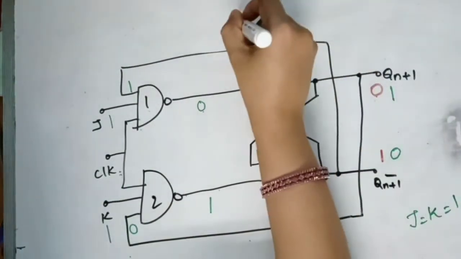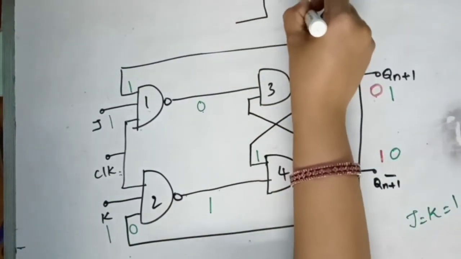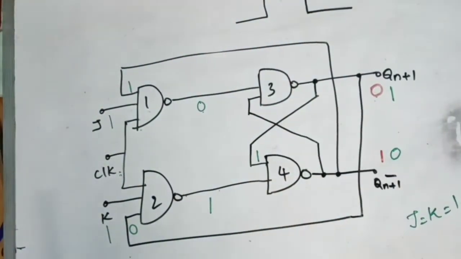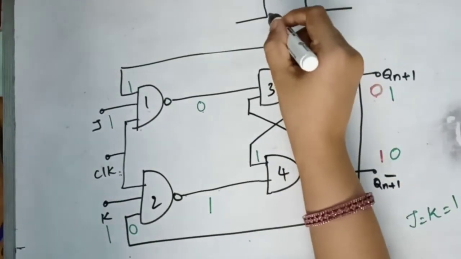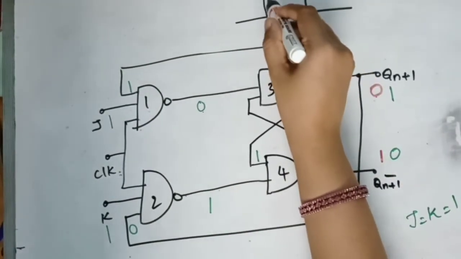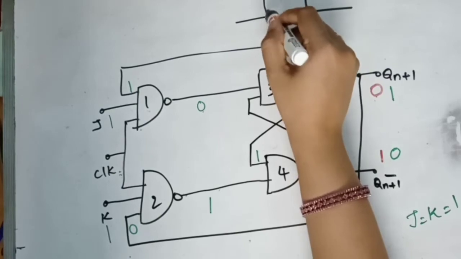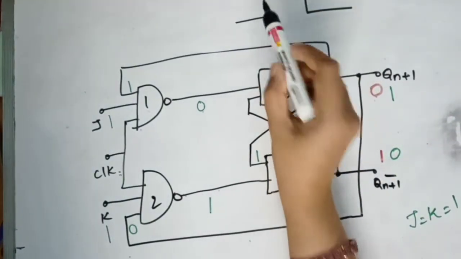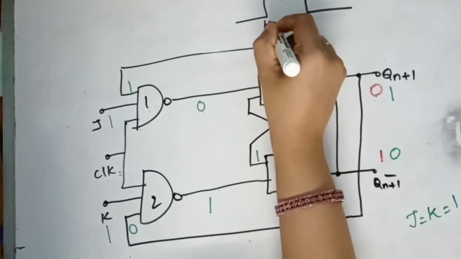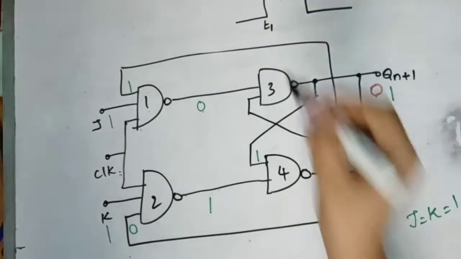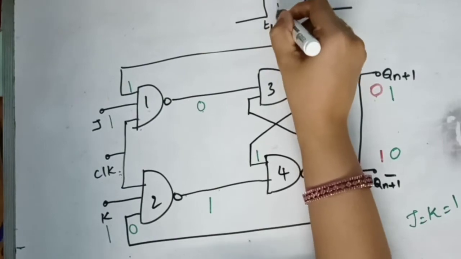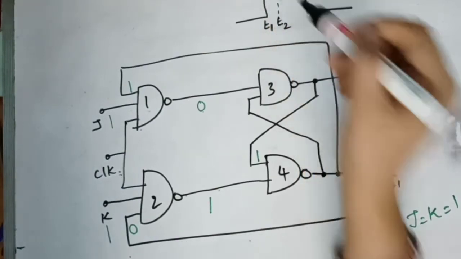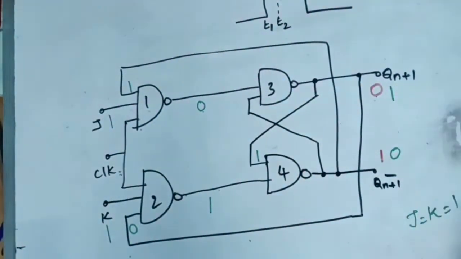That is, my clock is suppose this. At this particular point I applied the clock. My clock becomes high here at say time t1, and at say time t2, suppose I got this one, that is 0 changed to 1.